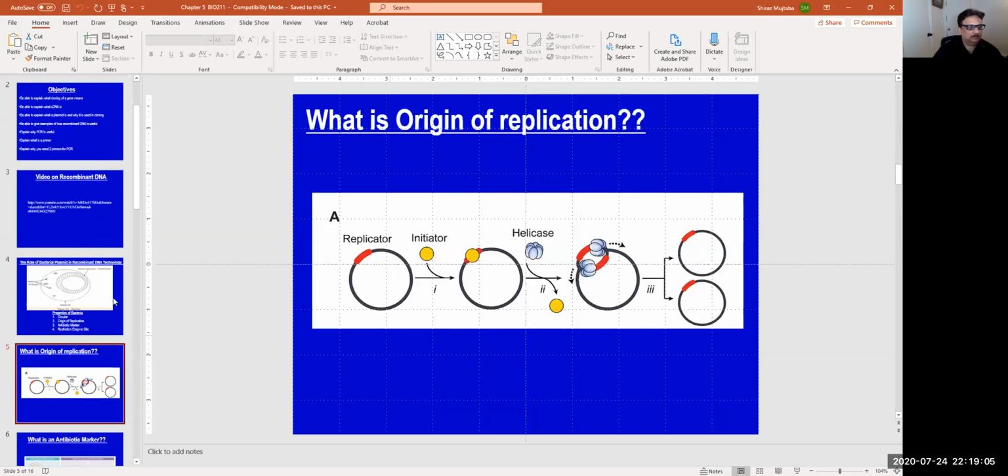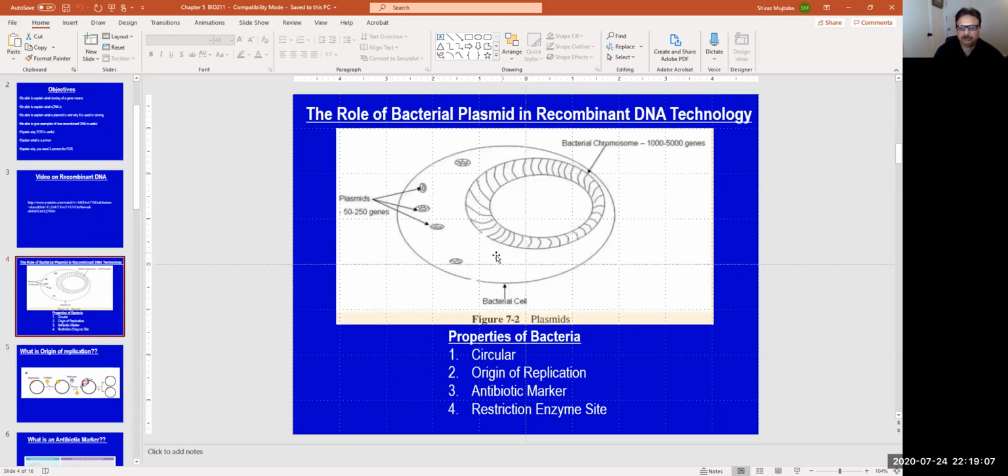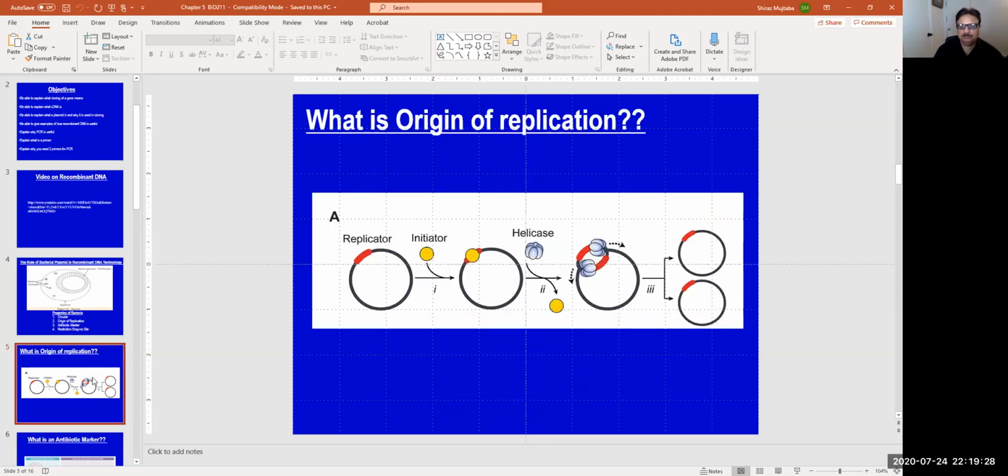So what is a plasmid? As I mentioned, a plasmid is extrachromosomal, small DNA. The main DNA has 1,000 to 5,000 genes, but plasmids are small, circular, double-stranded, and they have an origin of replication. So what is the origin of replication?